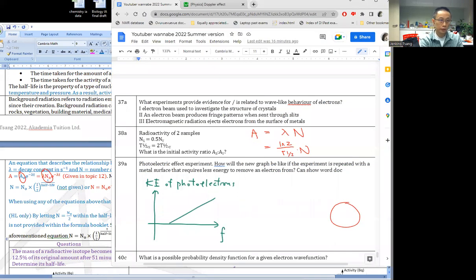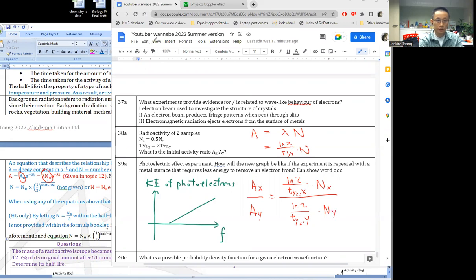we can apply ratios to figure out AX over AY. And the bracket is going to be as such: AX over AY equals ln2 over T half X times NX, over ln2 over T half Y times NY.